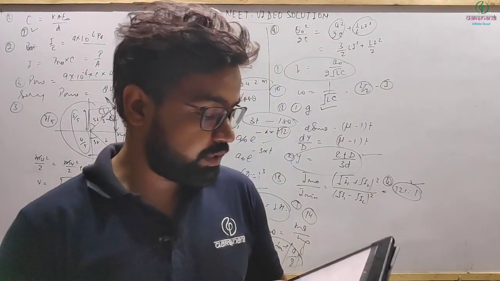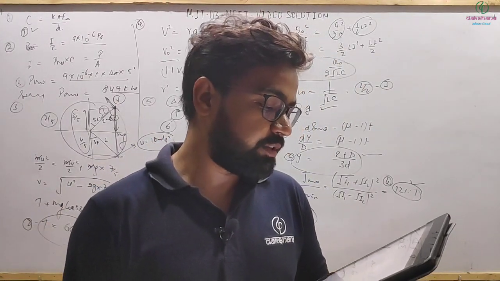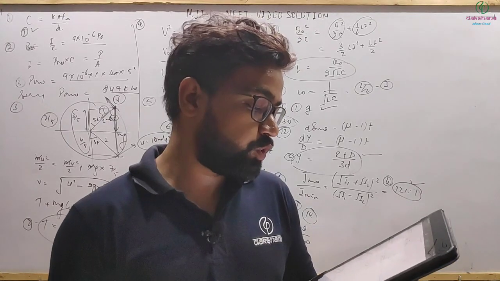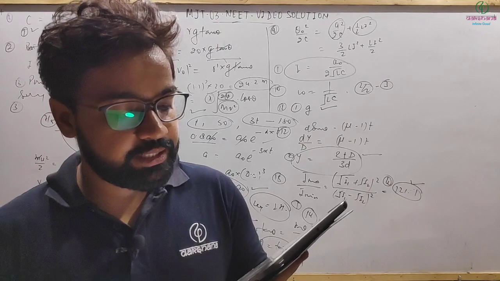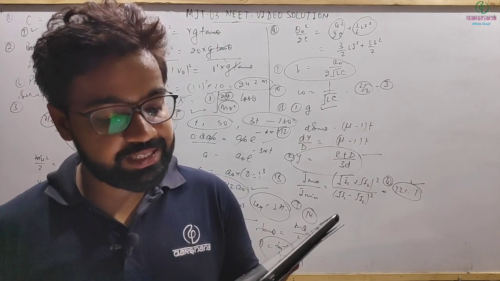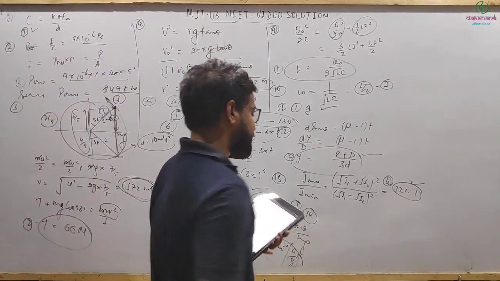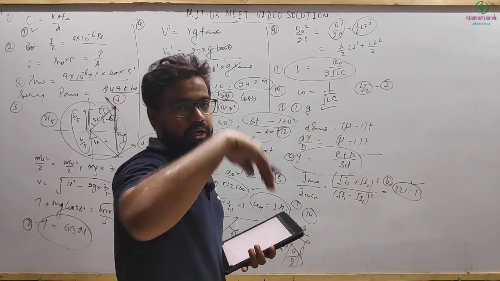The flow speeds of air on the lower and upper surface of the wing of an aeroplane are V and root 2V respectively, lower V and upper root 2V. The density of the air is rho, and the surface area of the wing is A. What is the dynamic lift of the wing? So we can apply Bernoulli's principle between the lower and upper surface.